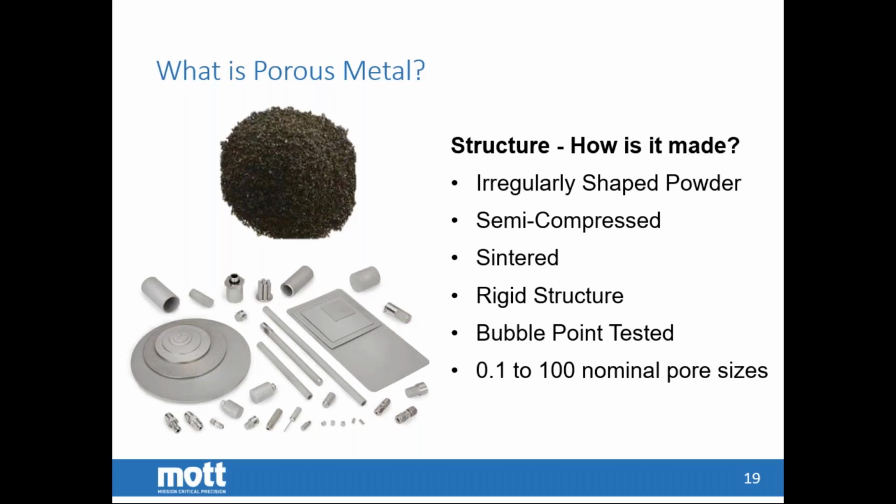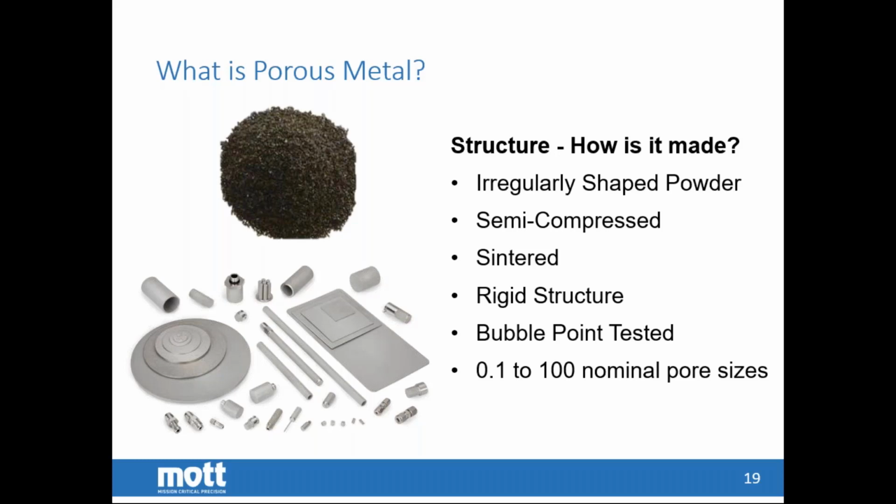So we start with irregular shaped powder. We take that powder and we semi-compress it so that those edges of the powder stick together and give you a semi-compressed green state product. From there, that product is sintered.